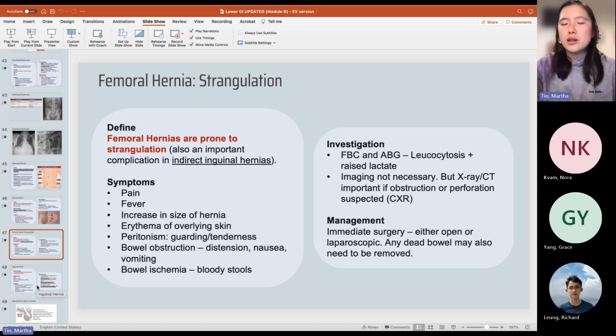And like I mentioned earlier, you have ischemia, potentially leading to necrosis, potentially leading to perforation, and in that case you're going to have signs of peritonism as well. They might start being septic, and they might have guarding and tenderness all over the abdomen. So those are things to look out for. This warrants immediate surgery.